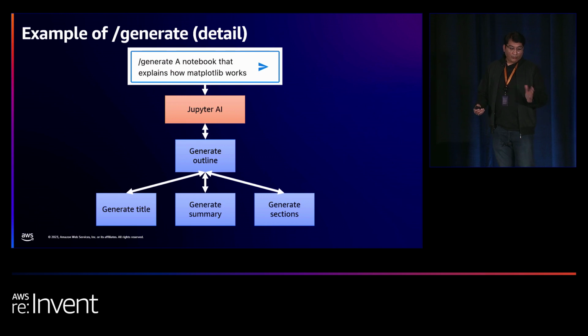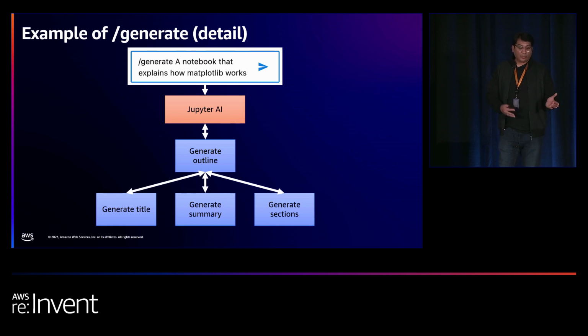Once Jupyter AI receives the generate command and the query, it sends a task to the large language model to create an outline for the notebook. Once it receives the outline, it sends a series of tasks to the language models.